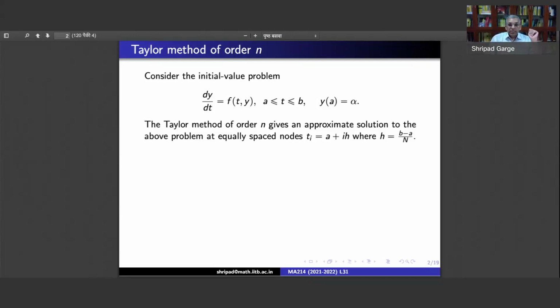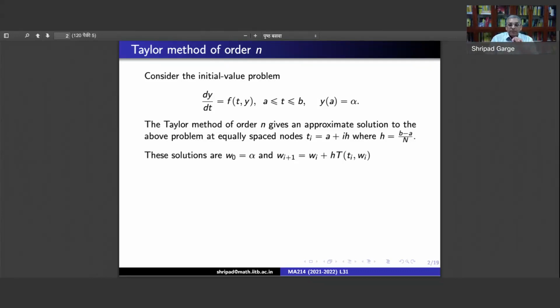That's the situation now. And the approximations are w naught is alpha, which is the approximation for the value of y at a, and that is correct because that's given to us with this problem.